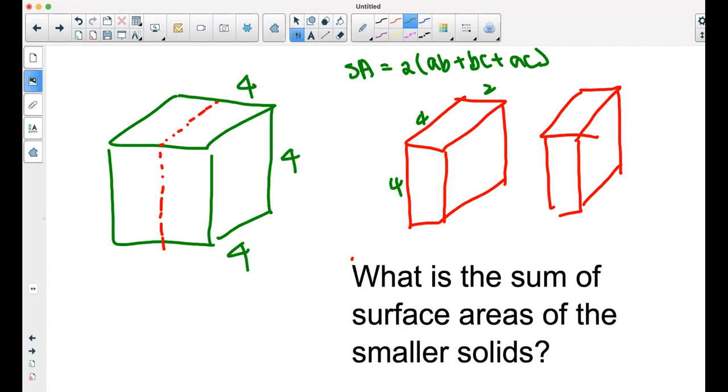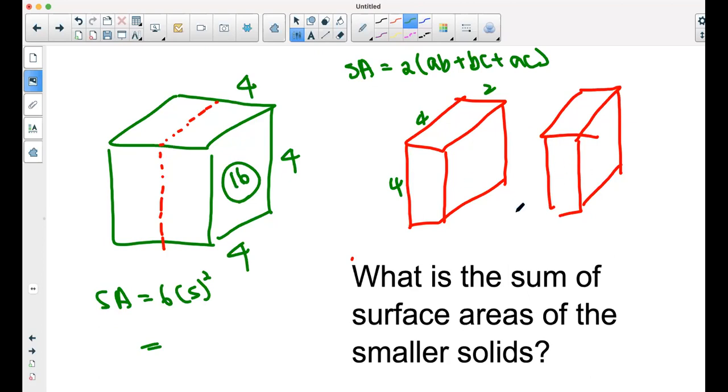That's one way for you to do it. Another way: wait a minute. I know the surface area of the cube, because the surface area of the cube is 6 times side squared. One face is 16, and then I have 6 of those. That's why it's a cube.